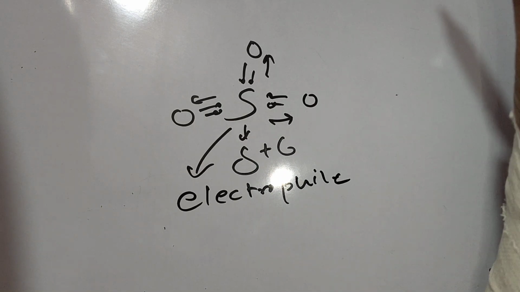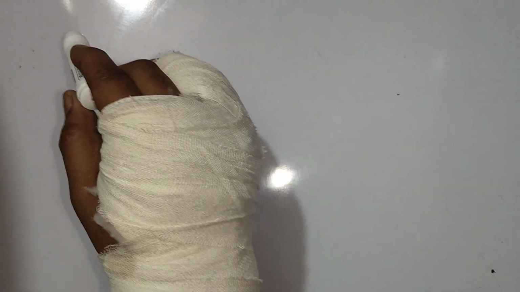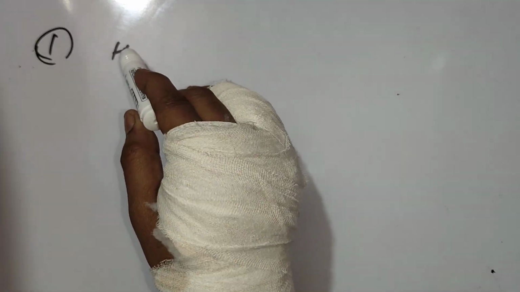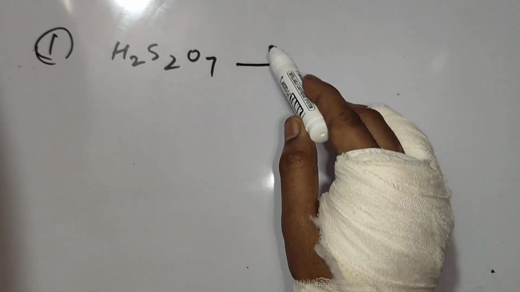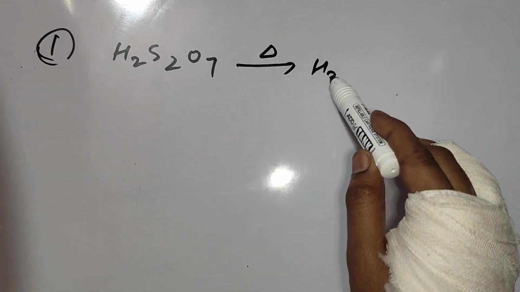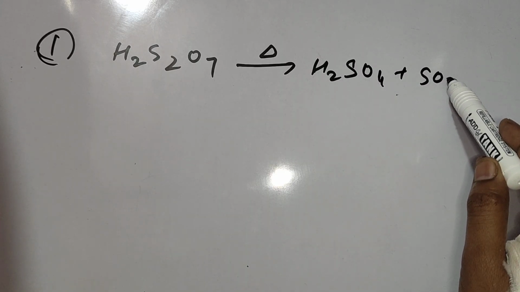Now who can provide electrons to it? Benzene ring is waiting with its pi electrons. So let's start. In the first reaction, the mechanism will be something like this. H2S2O7, meaning oleum, on heating will give you H2SO4 and SO3 gas.